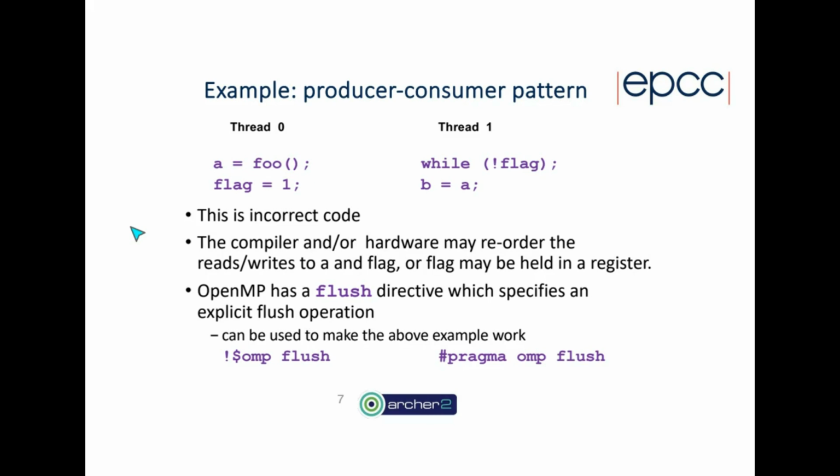So it's perfectly legal for the compiler to reorder them, and perfectly legal for them to happen out of order in the hardware as well. Another thing that could go wrong: the compiler might decide to optimize this loop and only ever read flag once and store it in a register, in which case it'll never observe any subsequent change that happened on thread 0. It'll get stuck in there forever.